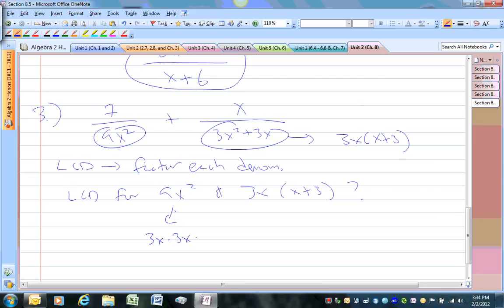So all it's missing, because it already has the 3x built into it, is just x plus 3. Here, let's go back to blue.